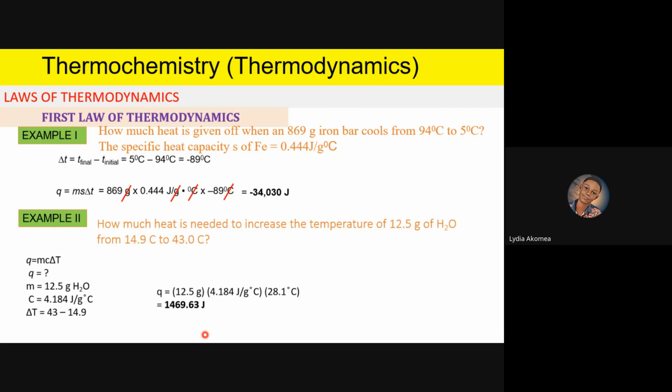Sir, if the specific heat capacity is not given, is it going to be given? It should be given. If it is not given, you can't proceed. Sir, we were not given it in this question. Please check, the specific heat capacity has been given to us, I gave you the details below.